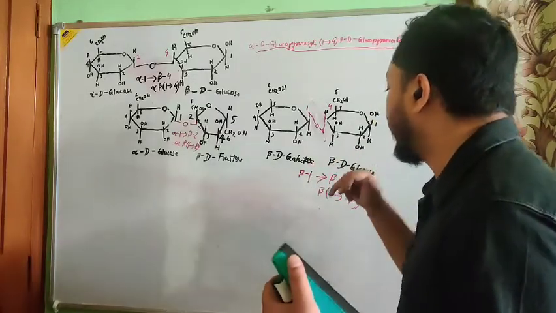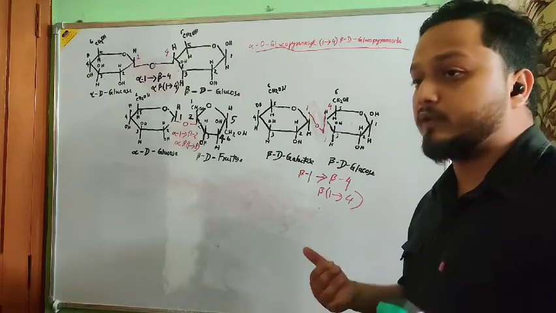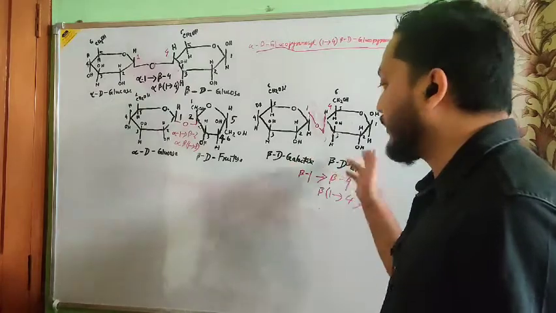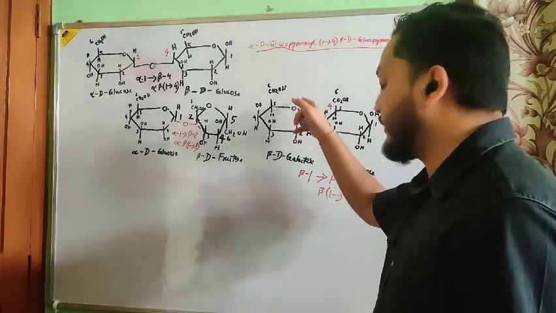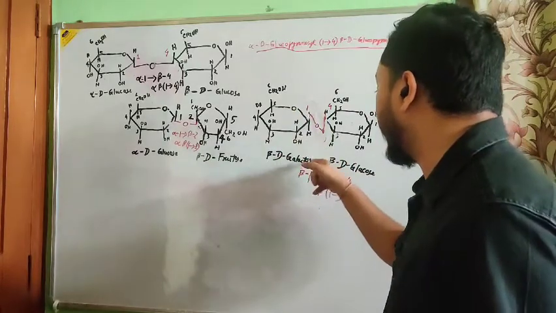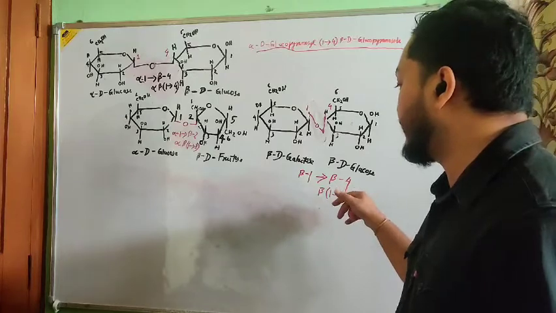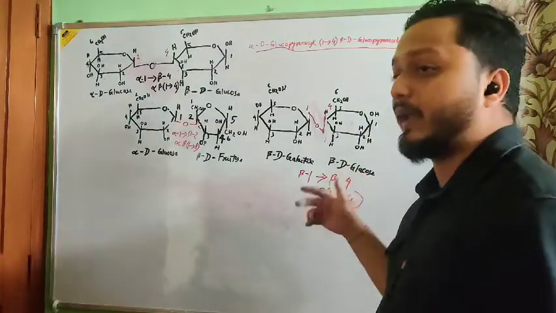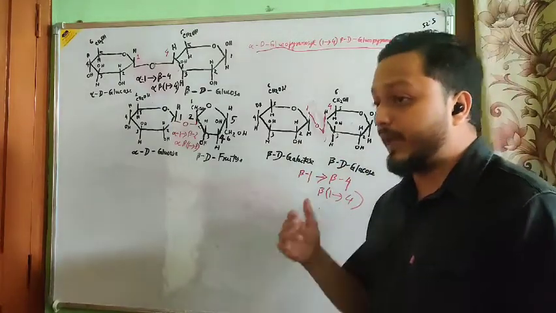Due to the insufficient amount of this lactase enzyme, now lactose, milk sugar, will remain in our stomach system. This is an oligosaccharide. Our digestive system cannot absorb this one. Our digestive system can absorb only monosaccharide, that is beta D galactose, beta D glucose. But there is insufficient amount of enzyme, therefore some amount of lactose remain in the stomach, and it will cause the symptoms of lactose intolerance.